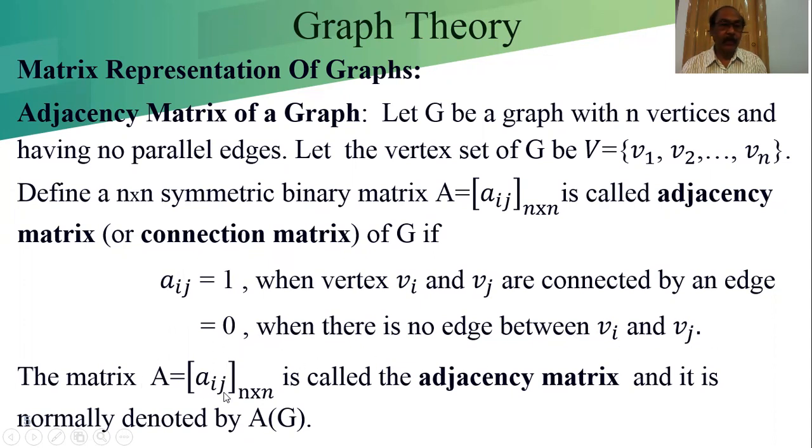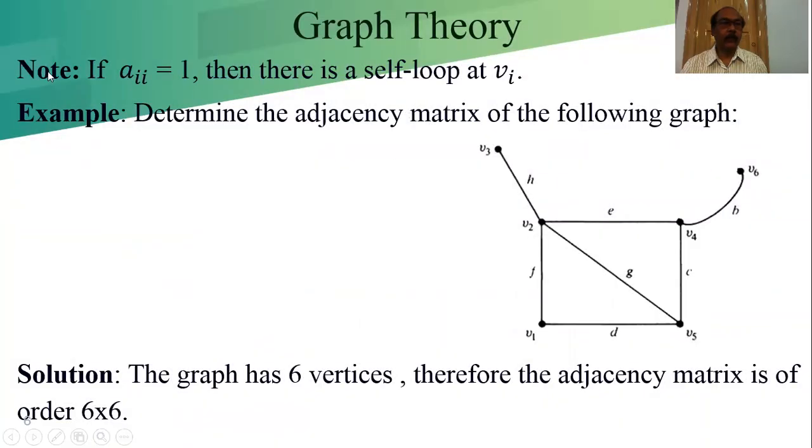The matrix A equal to Aij is called an adjacency matrix and it is normally denoted by A(G), where G is the graph. Whatever the notation of the graph we are using, we write A within the brackets with that graph notation. If Aii, that means any diagonal element, is equal to 1, then we say there is a self loop at Vi.